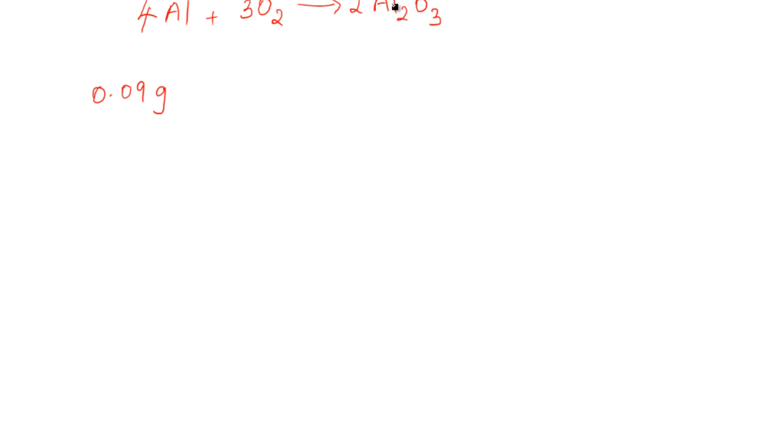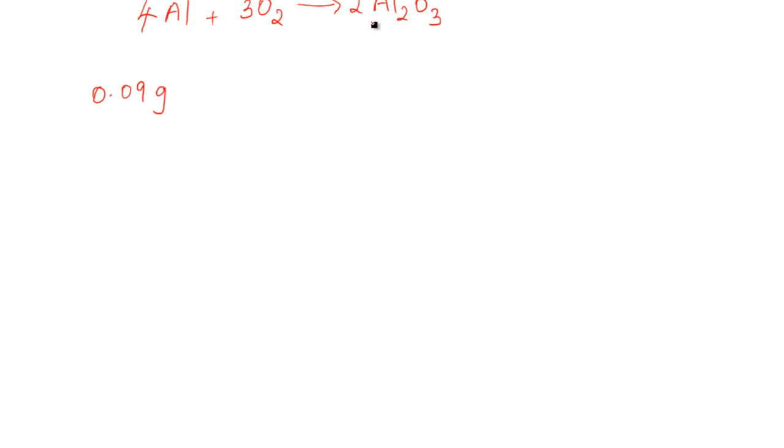What was the question? I forgot the question. Oh, that is 6.23. You can read the question from your book. 6.22. Okay. What was the first question? What mass of oxygen reacted with aluminum?